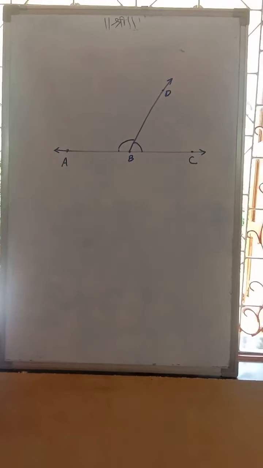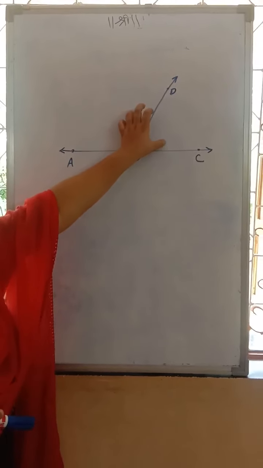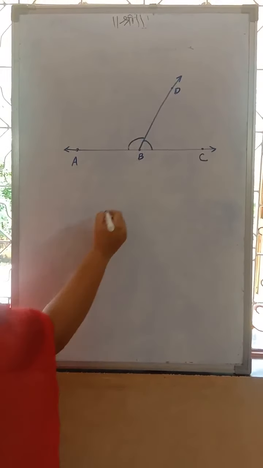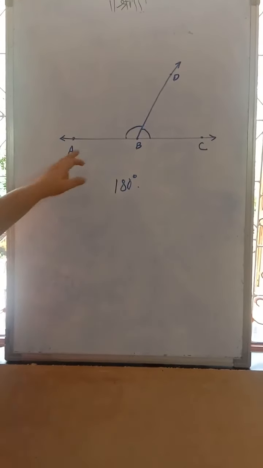What will be the sum of these two angles? Of course it will be 180 degrees, because earlier it was a straight angle.